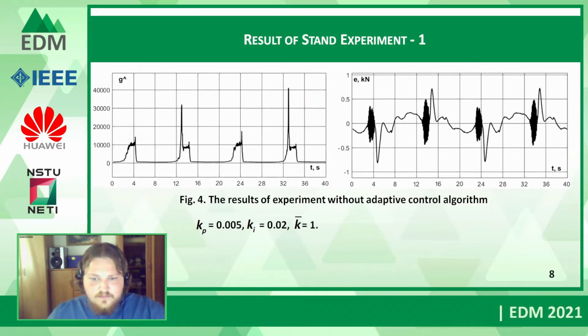Also, these fluctuations are clearly visible on the oscillogram of the regulation error. In this picture on the left, you can see the estimate of the G coefficient, where you can see that at the moment of fluctuation, the coefficient changes in the range from 500 to 10,000.